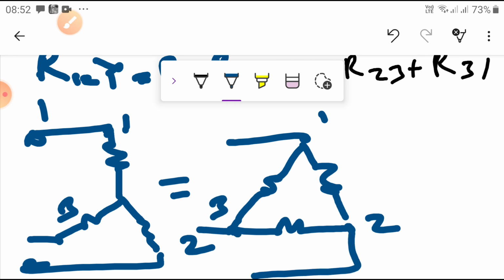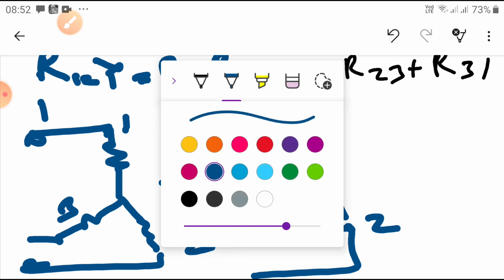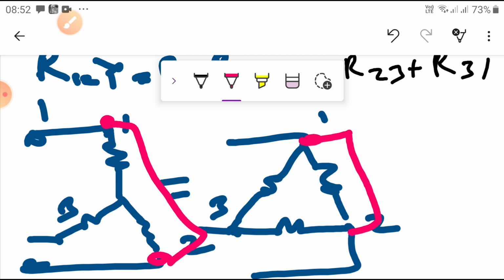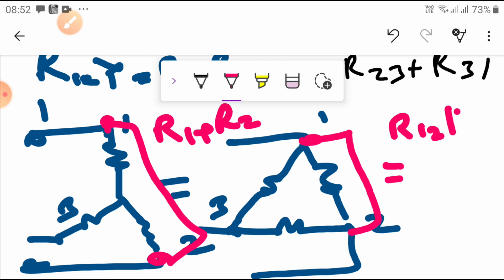Now whatever the resistance connected between terminal 1 and 2 is what we calculated. Here it is simply R1 plus R2, but in this case R12 is parallel to this combination. We are going to get the equivalent between 1 and 2.